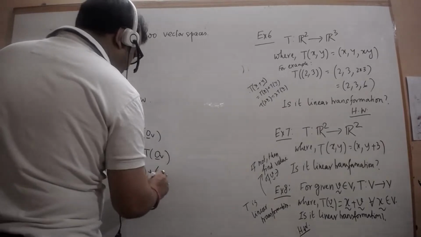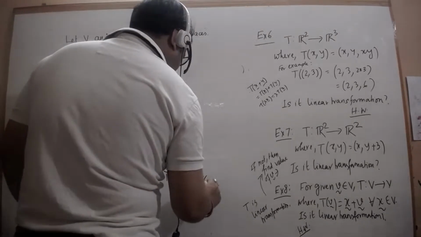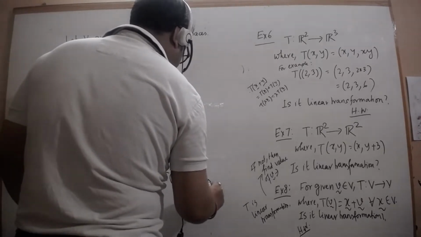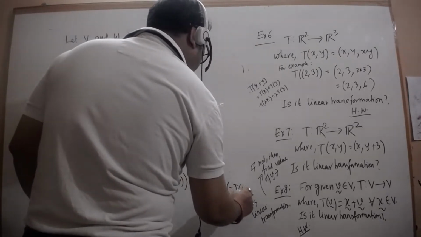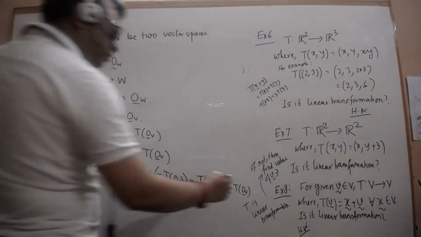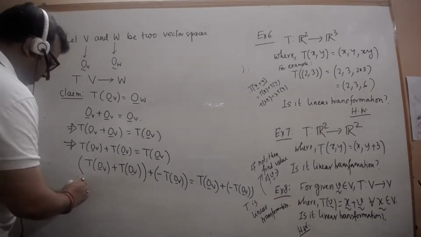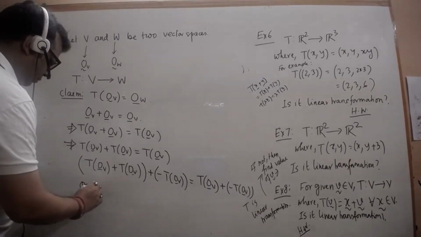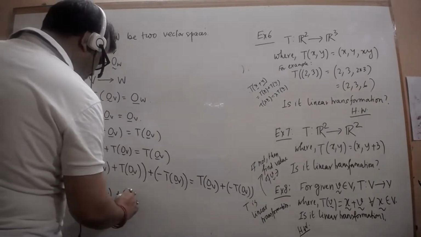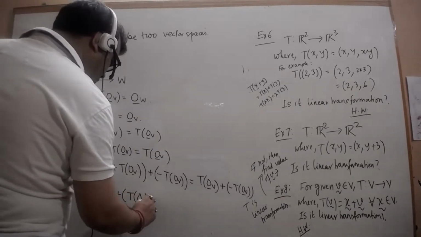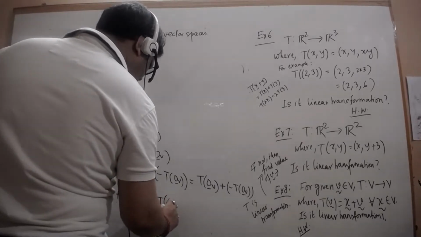I add minus T(O_V) to both sides, so T(O_V) plus T(O_V) minus T(O_V) equals T(O_V) minus T(O_V). Using the associative property, we group T(O_V) minus T(O_V).